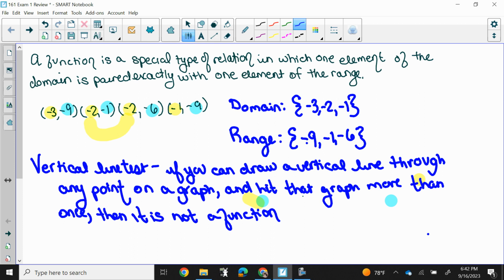Okay, so what does that mean? Let's look at some of our basic graphs. If you're looking at a parabola, which usually points up or down, that's almost always a function. Lines, as long as they are not vertical lines, are functions.